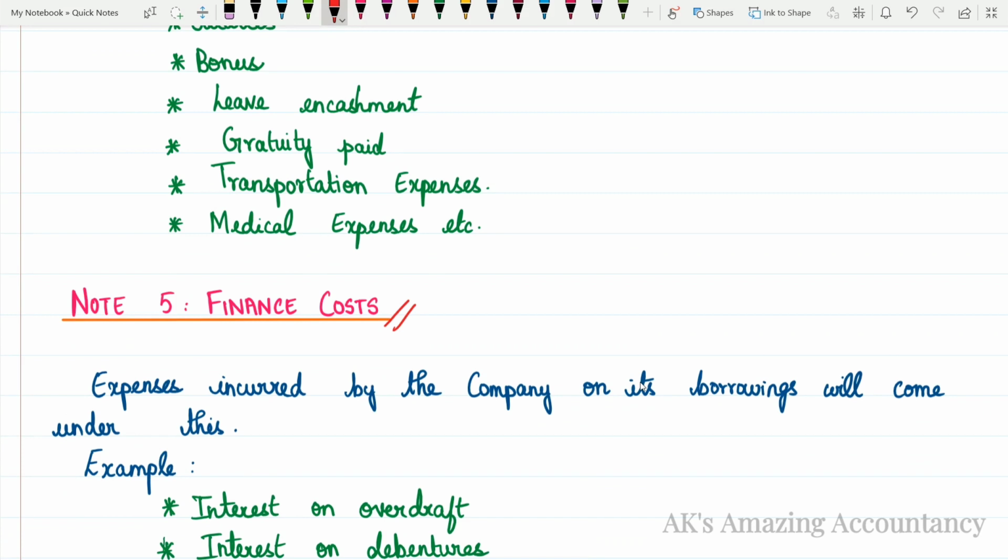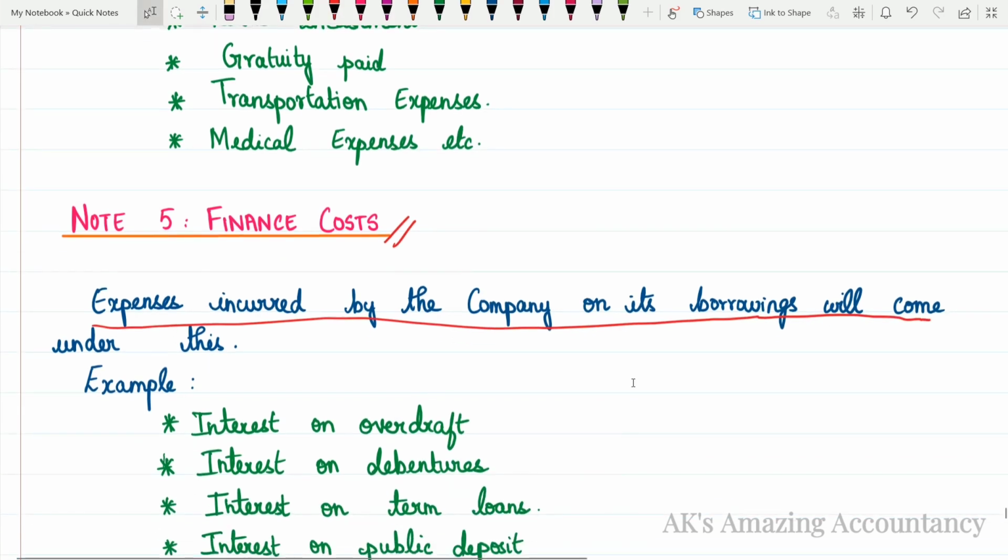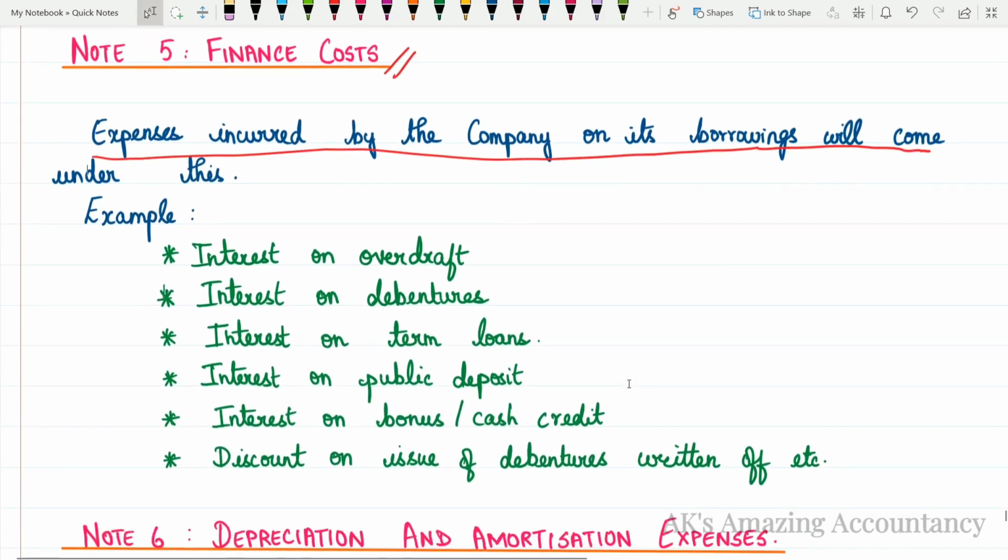Some examples are interest on overdraft, interest on debentures, interest on term loans, interest on public deposit, interest on bank or cash credit, discount on issue of debentures written off, etc. So these are some of the most usual items which will come under note 5, finance costs.